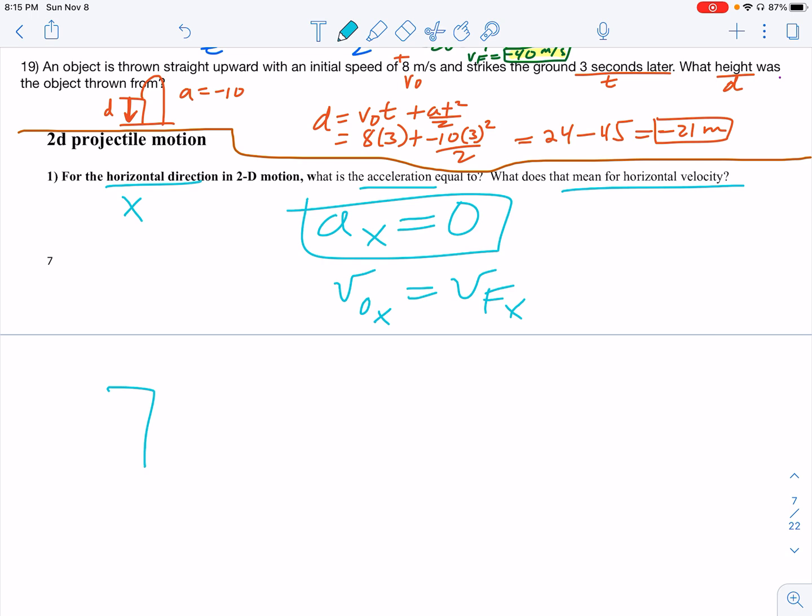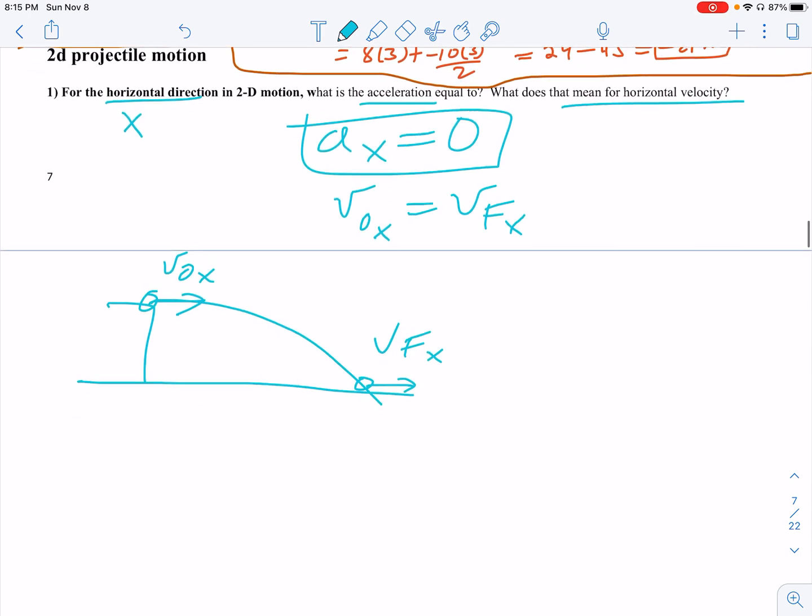At least, there's two kinds of two-dimensional projectiles. One that's thrown forward, and right before it hits, it still has the same forward speed as it had at the beginning. Now, that doesn't mean it doesn't speed up. The y component is going to increase.